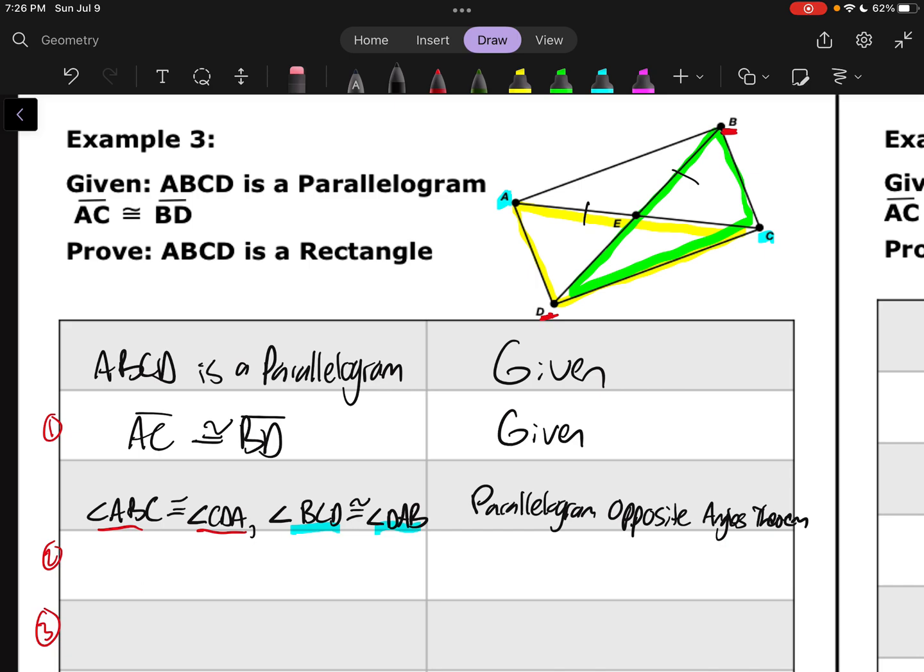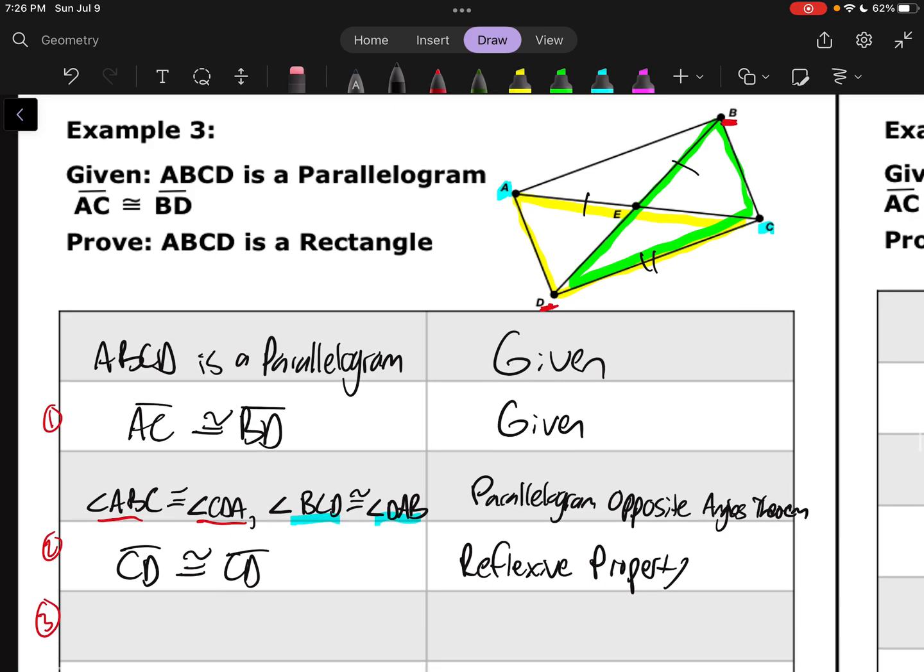So two more congruent things. Both of those triangles share side CD down at the bottom. CD is congruent to CD, reflexive property. So I've got that. Now, since this is a parallelogram, we should know that side BC has to be congruent to side DA because those are opposite sides.